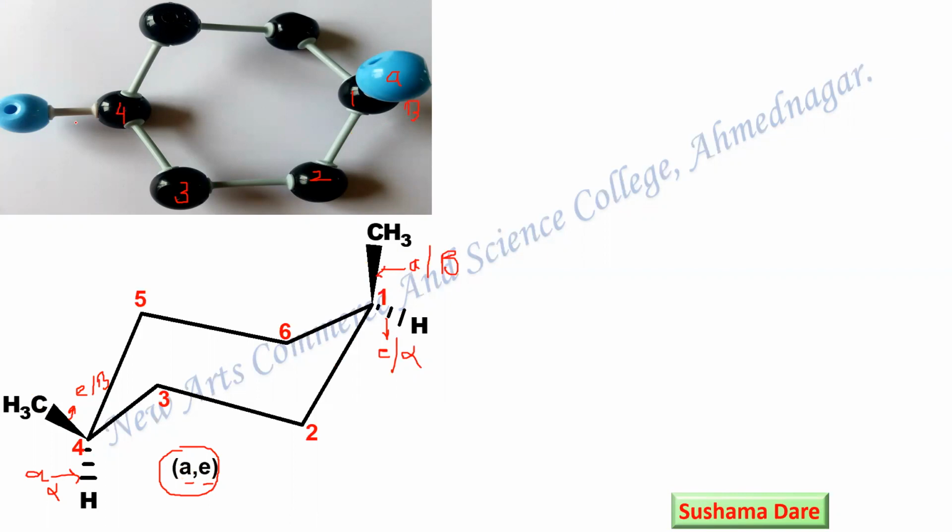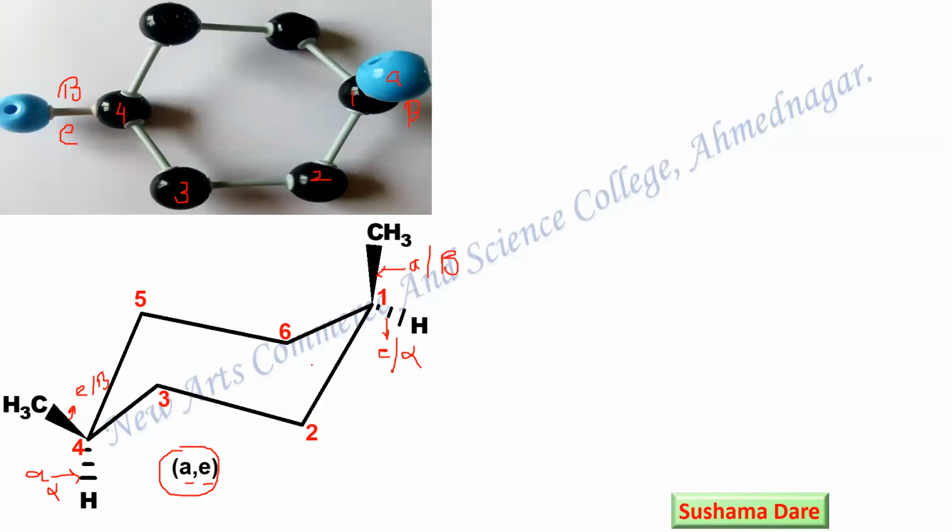The fourth carbon has an equatorial group. Now you can see both the groups are facing in upward direction, so we call this conformer a cis conformer, and as the bonds are going in the upper direction, these are beta bonds.